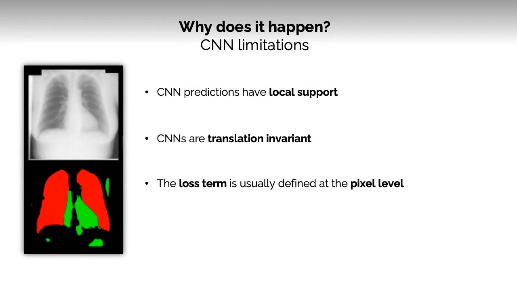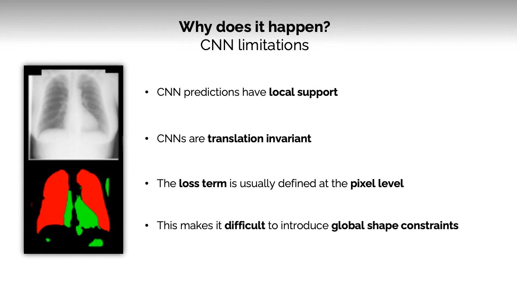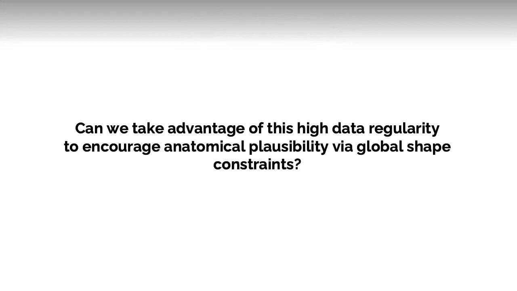For those that are maybe not really familiar with segmentation, the way we define the loss function when we train this network is at the pixel level. We compare and then average across all the errors in the different pixels. But I don't care about where it happened. So this property makes it really difficult to introduce global shape constraints, in the sense that I want my segmentation to follow a certain shape, to live in a certain space of shapes.